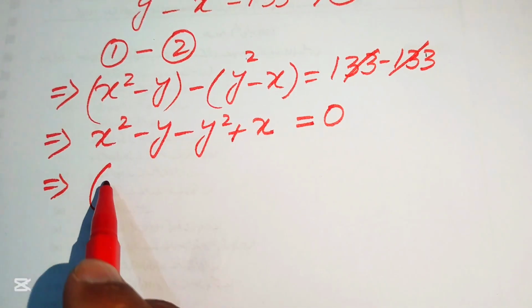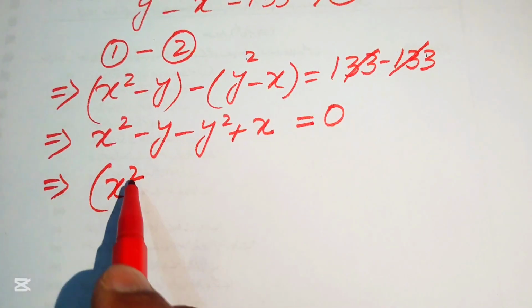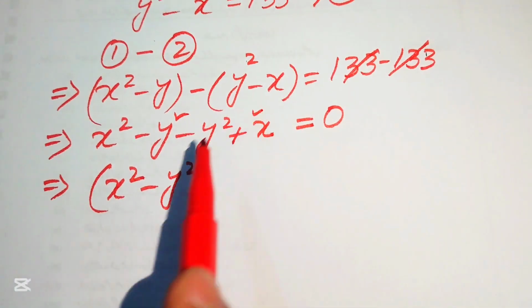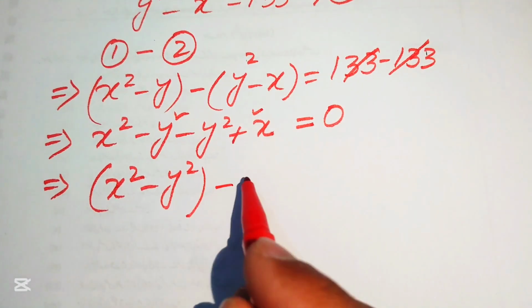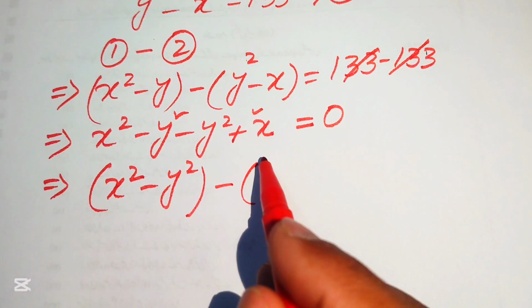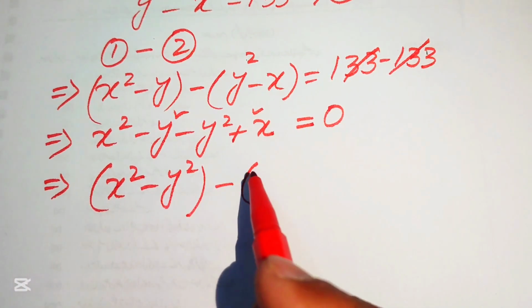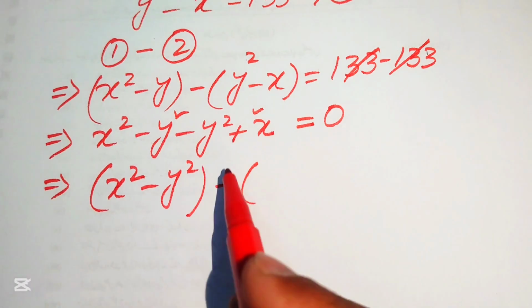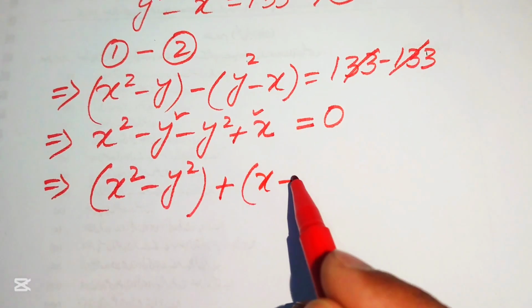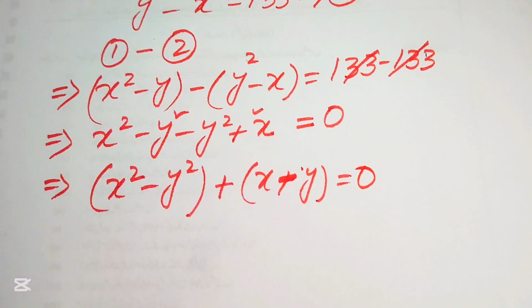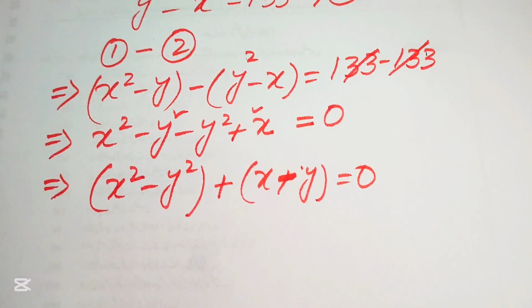We first combine the square terms, x squared minus y squared, and after that we have the two terms x minus y, where we take out a common factor, and we can write it as x plus y... x minus y, and this whole expression equals 0.